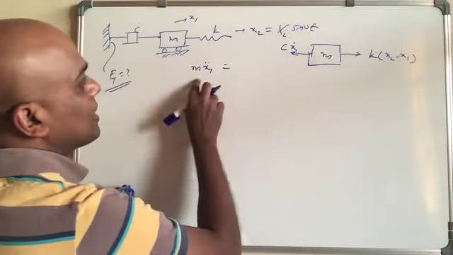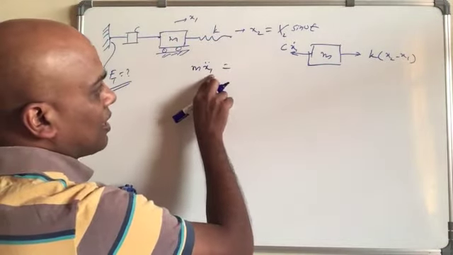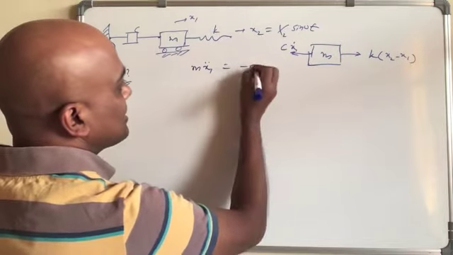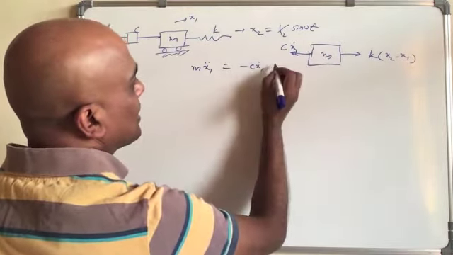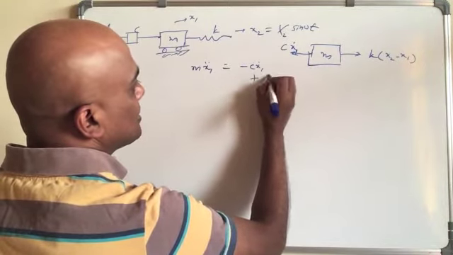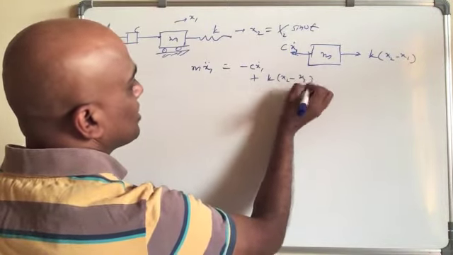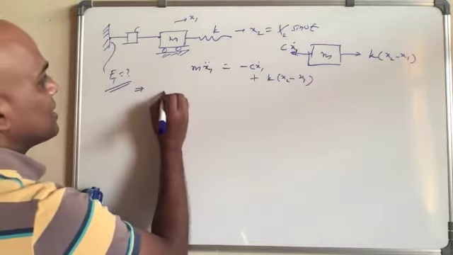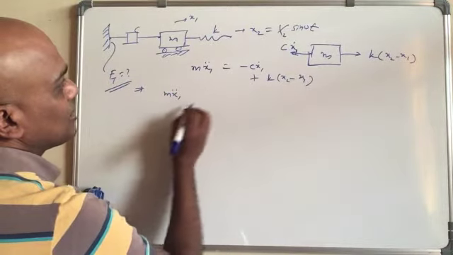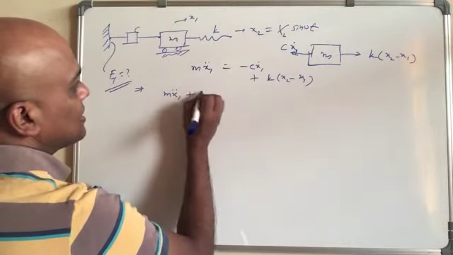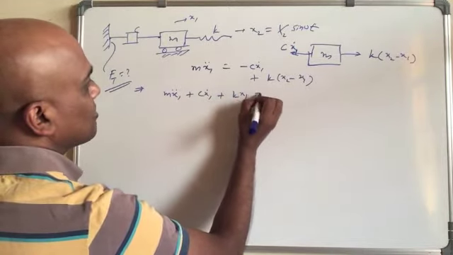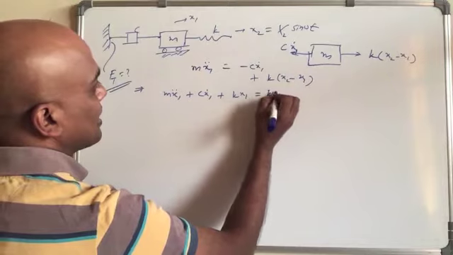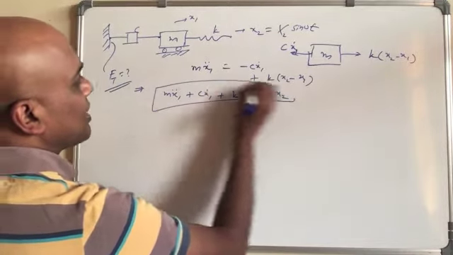Hence m x1 double dot equals minus c x1 dot, plus k (x2 minus x1). From here you get m x1 double dot plus c x1 dot plus k x1 equal to k x2. So this is the equation.